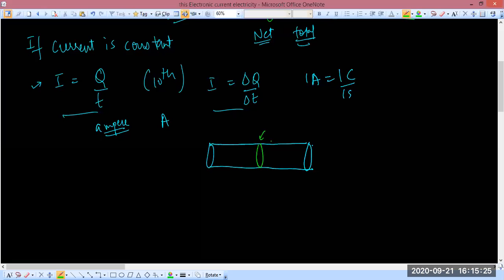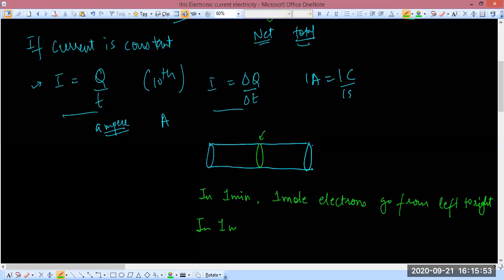If I tell you that in 1 minute, 1 mole of electrons go from left to right, and in 1 minute at the same time, both of these happening together, half a mole of, for example, H plus ions go from right to left.